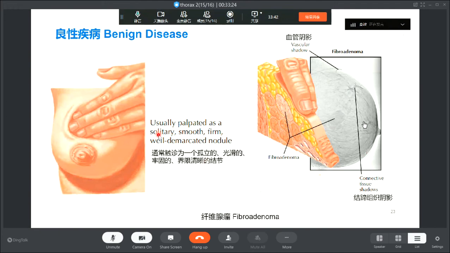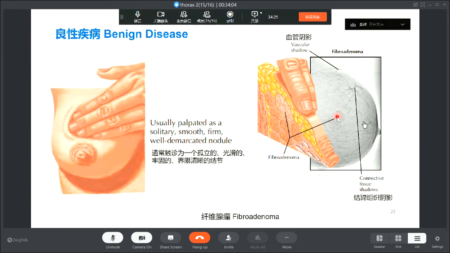You can also use your hand to palpate it as a solitary, smooth, firm and well demarcated nodule. So this part is fibroadenoma. And then this picture shows an X-ray of this tissue.